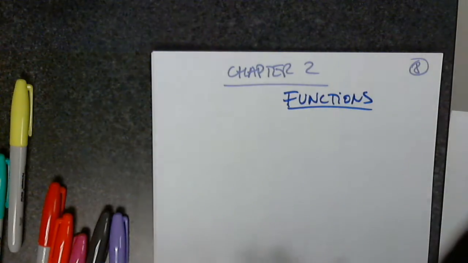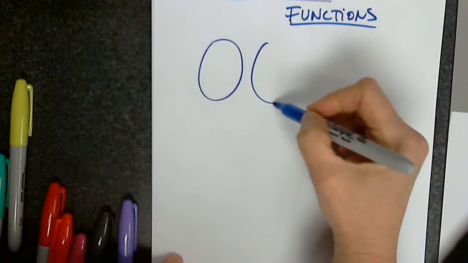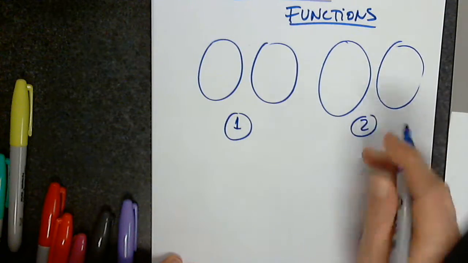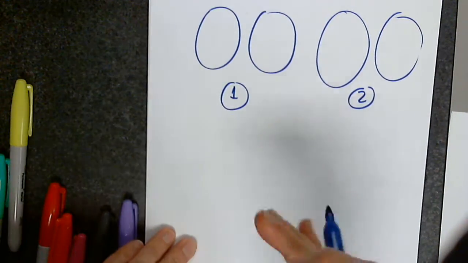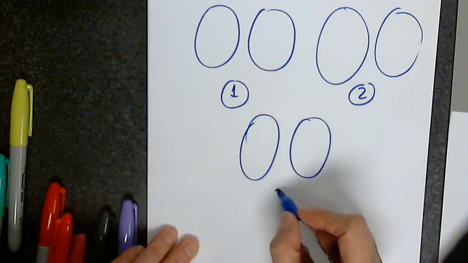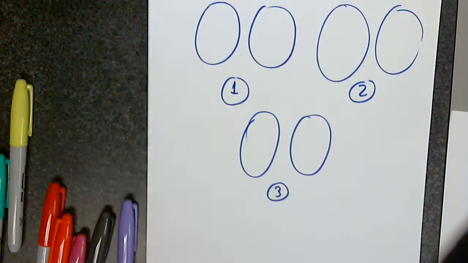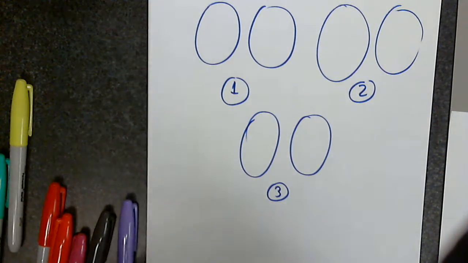Let's look at a few situations. And yes, we're going to look at graphs and so on and so forth. So let's look at this. This is the first scenario. Here's the second scenario. And this is the third scenario. In the first scenario, I have 2 bubbles. And the second one too, and the third one too.